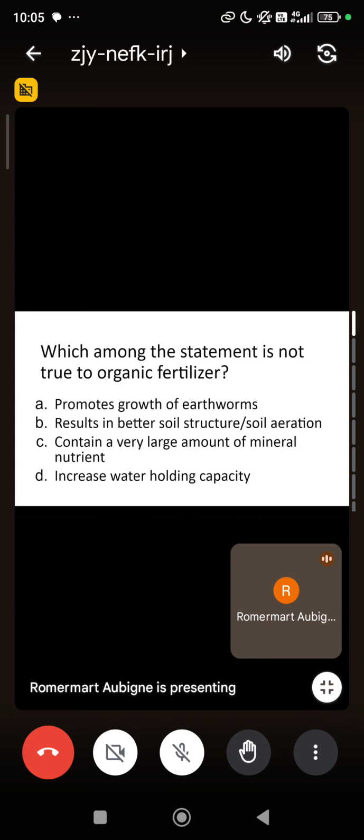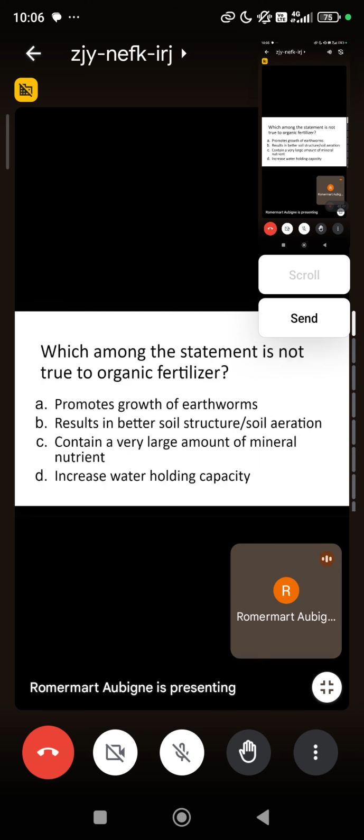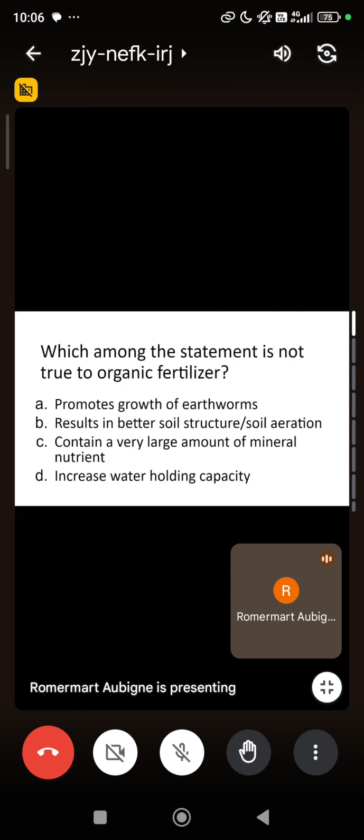Tama po. Tama yung students. Since yung contain a very large amount of nutrients, ito po ay yung ating mga chemical fertilizers. Since organic fertilizer, release nga po yung ating nutrients, no? So, unti-unti siyang na-absorb ng ating halaman.